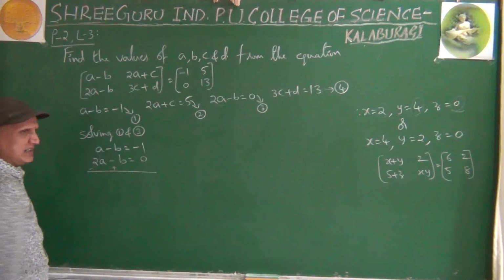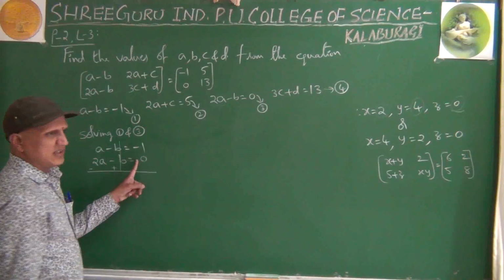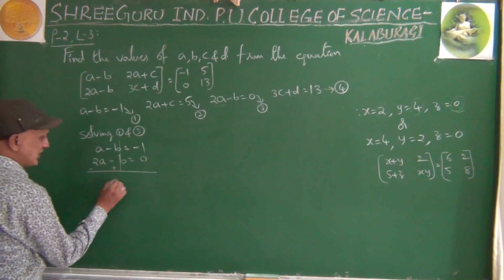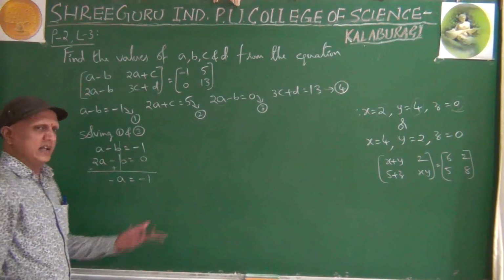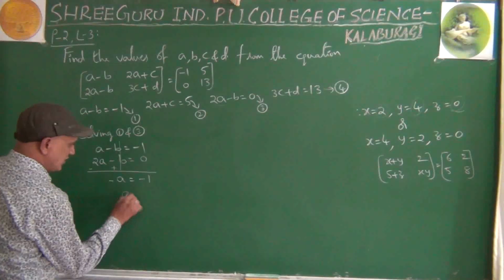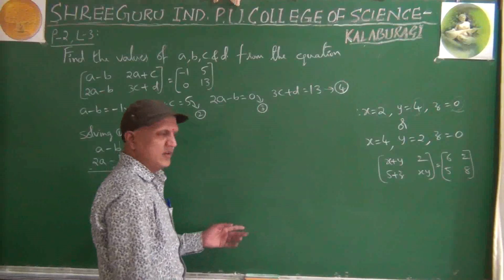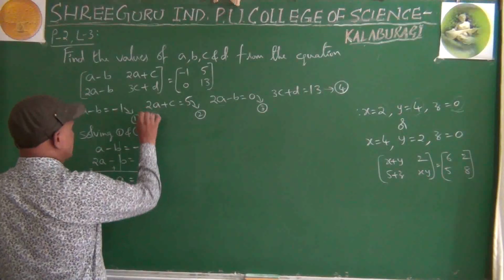Subtracting means signs get changed. Minus b plus b got cancelled. It is 0, neither positive nor negative. A minus 2a is minus a. Minus 1 minus 0 is also minus 1 only. So a equals 1. Sometime back also we got 1 only here. A value we got, 1.